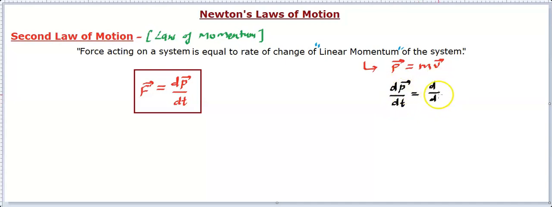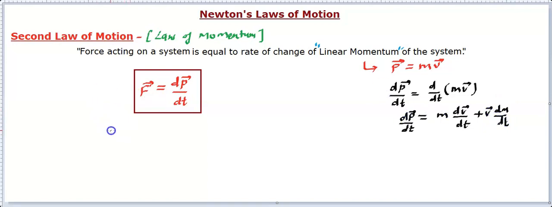So we get d upon dt of m into v. Now there are two quantities under multiplication, so we will apply the product formula. As per the product formula, you write the first function as such and differentiate the second one, and then you write the second as such and differentiate the first. And this dp by dt, since it is a force, will become the definition of force.